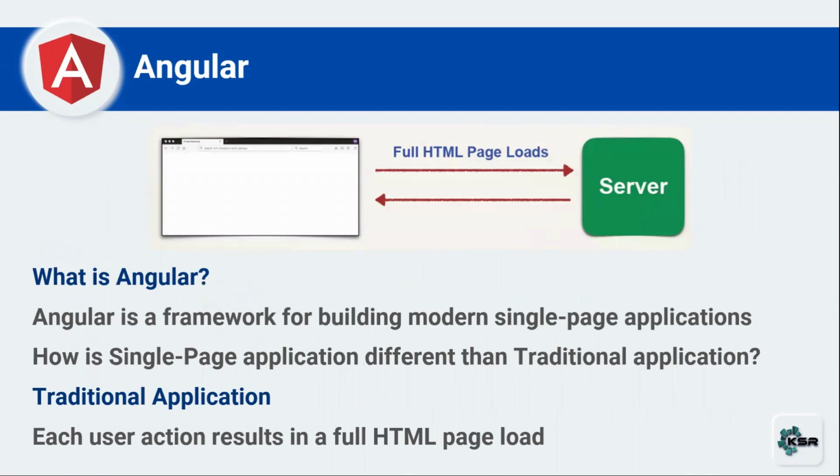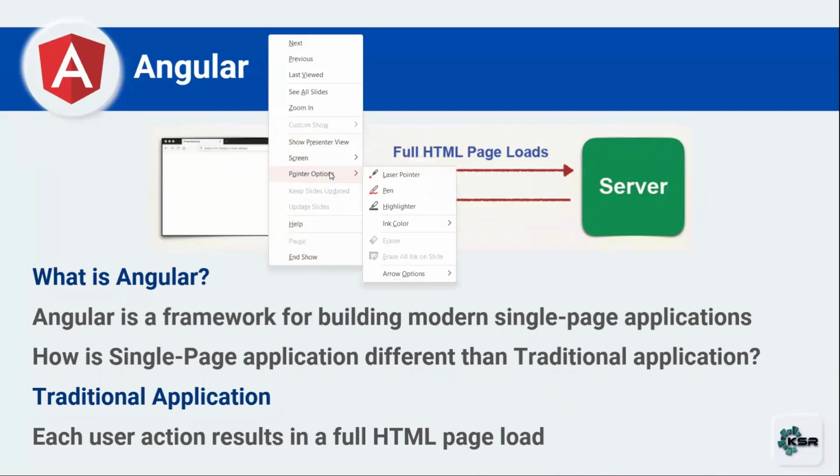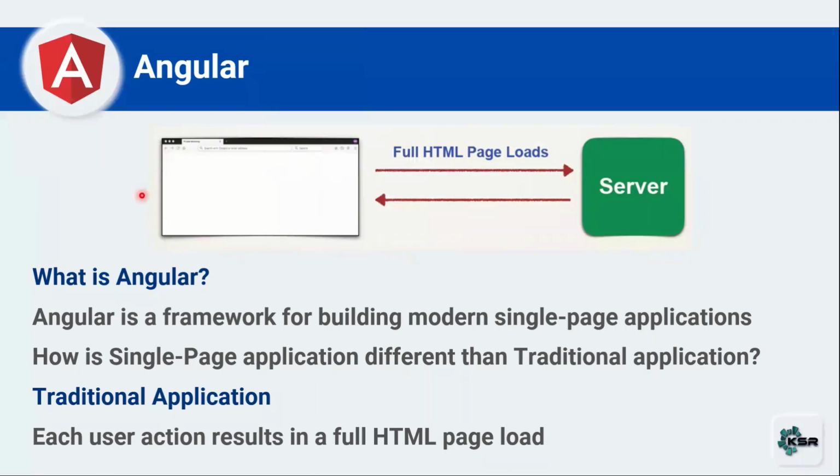So why Angular? Compare it with a traditional application. In a traditional application, when we talk about HTML or JSP or Spring MVC or whatever, whenever the request comes in from a browser, it goes and hits the database and renders the response back, and the entire page is getting reloaded, whether a single control changes or whatever, it doesn't matter.